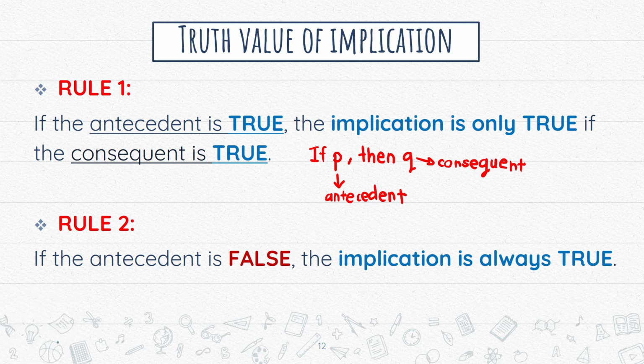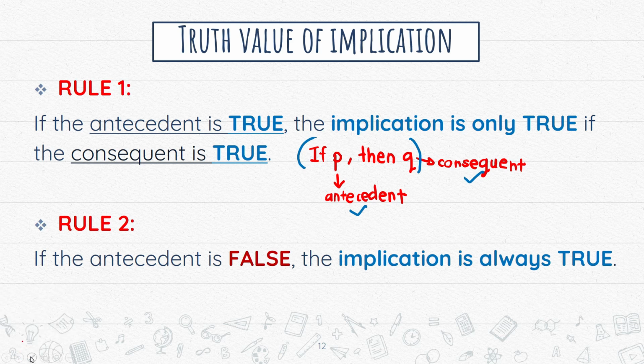If the antecedent is true, then the consequent also needs to be true for the whole implication to be true. Now for rule number 2: if the antecedent is false, the implication is always true.